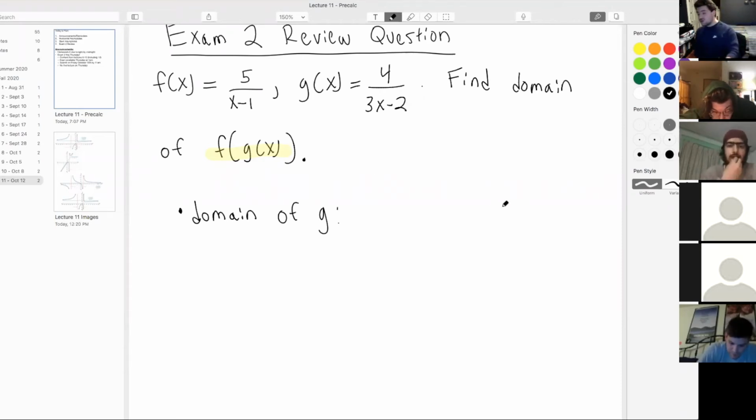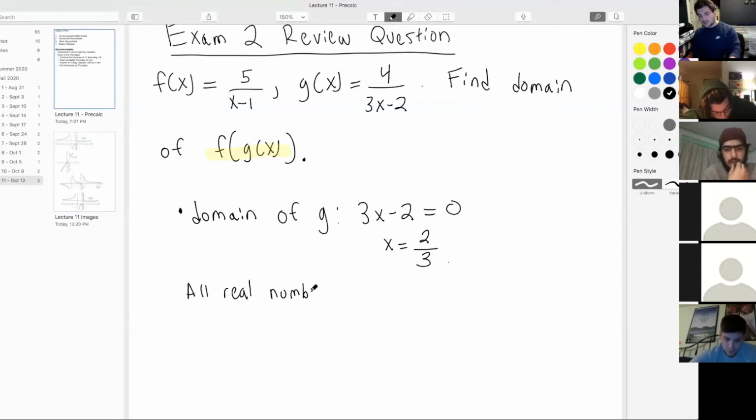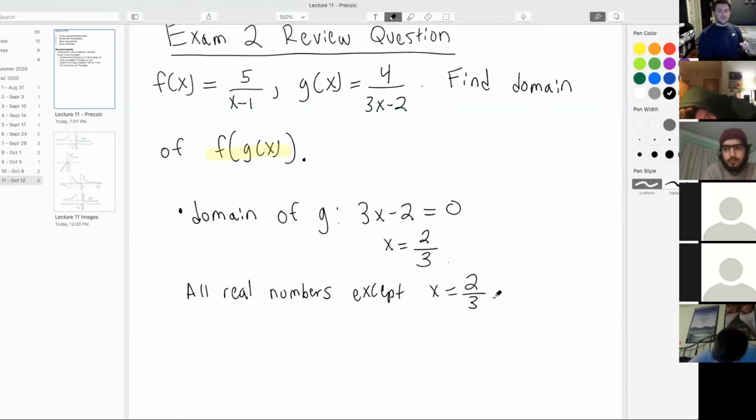So you set 3x minus 2 equal to 0, solve, and then exclude that solution from your domain. 3x minus 2 equals 0 gives you a solution of x equals 2 over 3. So the domain of g is all real numbers except x equals 2 over 3. I hope everyone agrees with that, because if I were to plug in 2/3 into g, it would cause me to divide by 0. So it's not in the domain of g.